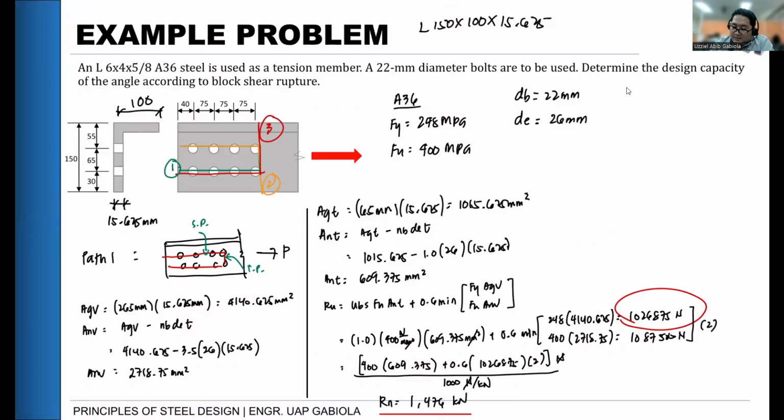Okay. So for the next path, we continue on another page. So we have path 2.